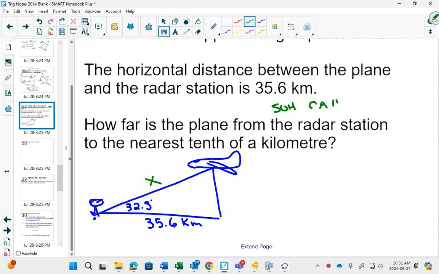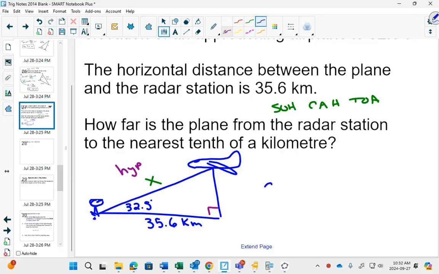Which one should I use? Well, we can always label our hypotenuse. So in this case, where's my 90 degrees? Right there. So that makes this my hypotenuse, which means I have to use something with the h, either the sine or the cosine. Using the 32.5 degrees, the 35.6 is my adjacent side.